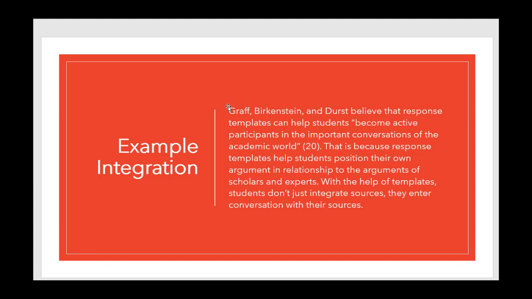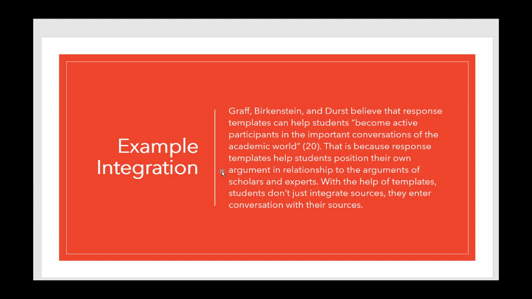And as we can see with the different parts here, right, we have our signal phrase that tells us what these authors believe can help students, and then they show us with their own information how it helps students. Well, it helps by them becoming active participants. And then here's what you, the author, would say about it. If it's helping students become active participants, then what do you have to say about that?